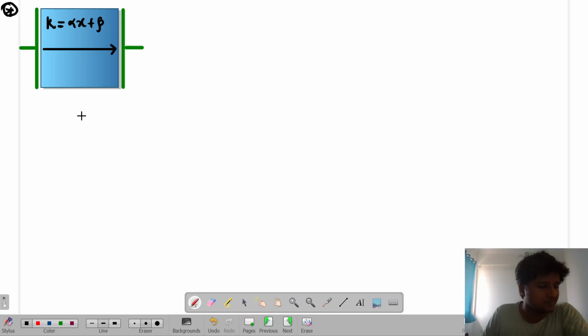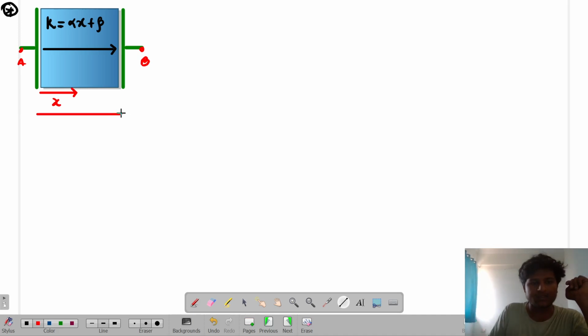Right or not? Where x is, let's suppose, some distance from one end of the plate. Is that clear or not? Then the question is: find the capacitance between A and B, where the total area is A and the distance is B. Got it?